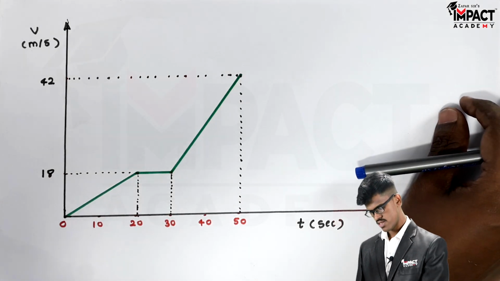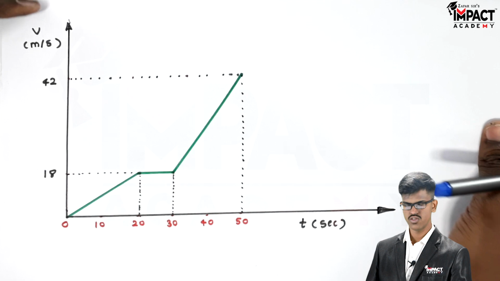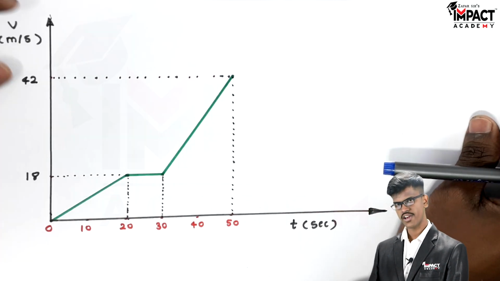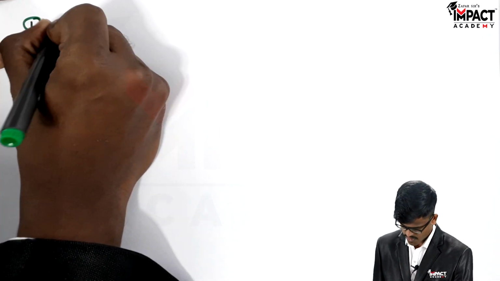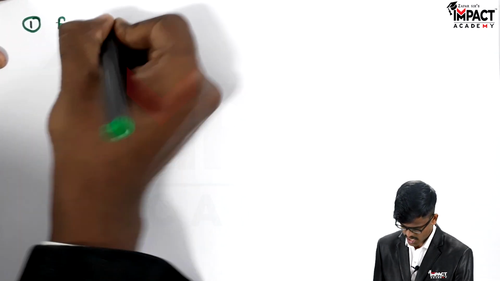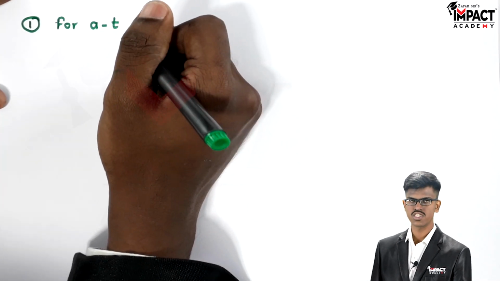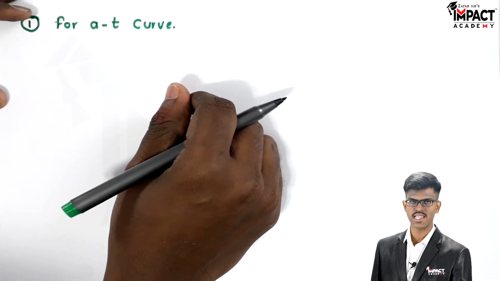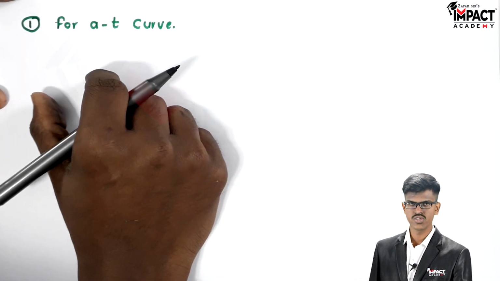So here this is our motion. Let's start with the solution. First we find the AT curve. We have the velocity-time graph and we have to find the acceleration. To find acceleration, we just calculate the slope.